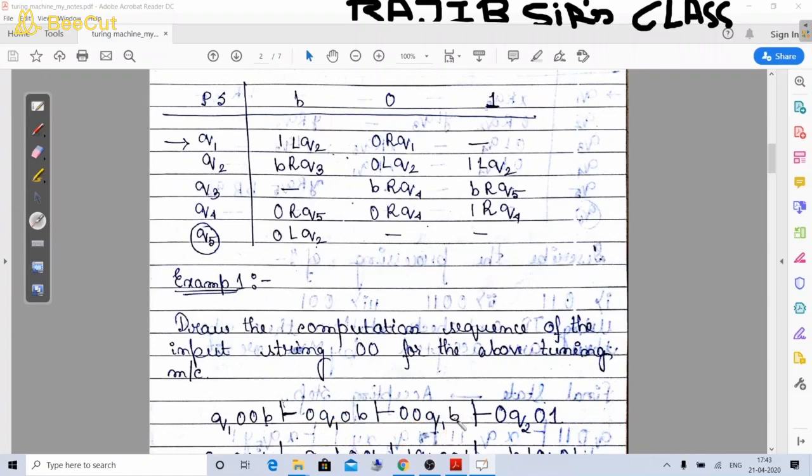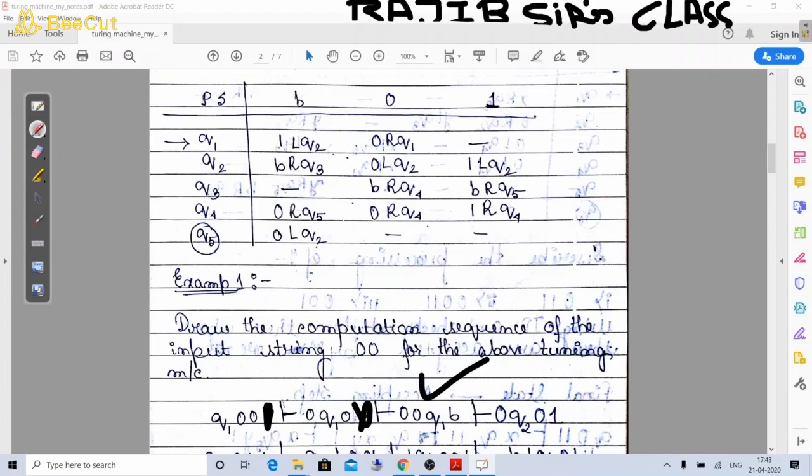Now if I do not incorporate this blank at the beginning, and this situation has occurred, then at this state I have 0 0 q1 and no blank is present. So now we are not able to apply any kind of input upon q1.